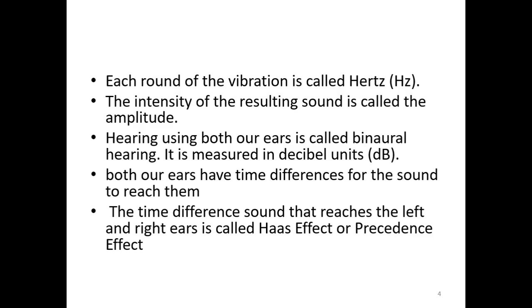Sound doesn't reach both ears at the same time. This time difference of sound reaching the left and right ear is called the Haas effect, or the precedence effect. So we don't hear a sound from both ears at the same time, and it's interesting.